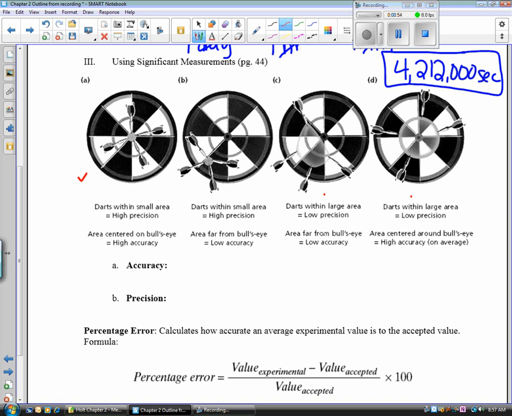So accuracy is actually the closeness of measurements to the correct or accepted value.